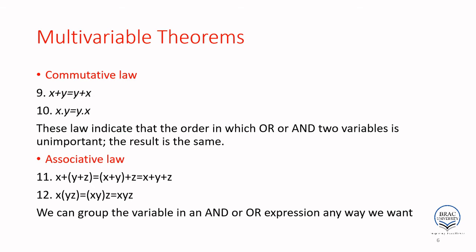Associative law. x plus (y plus z) equals (x plus y) plus z equals x plus y plus z. Also x into (y dot z) equals (x y) dot z equals x y z. We can group the variables in an AND or OR expression anywhere we want.